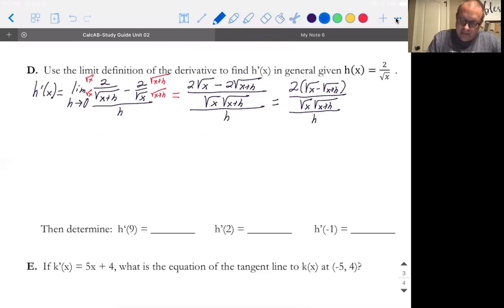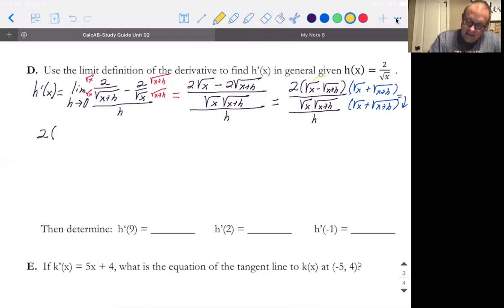Now, I'm going to multiply again by the square root of x plus the square root of x plus h, top and bottom. And then we're going to go ahead and jump down to the next line here. So I'm going to have a 2.